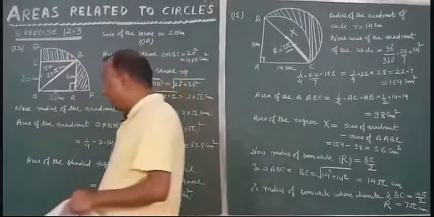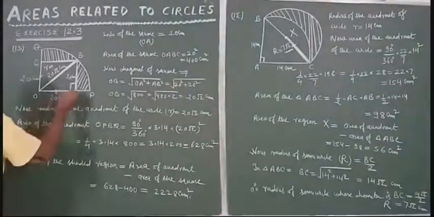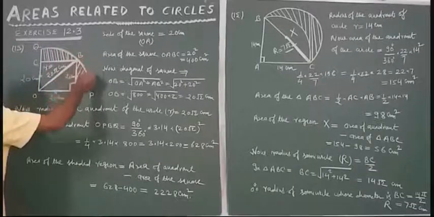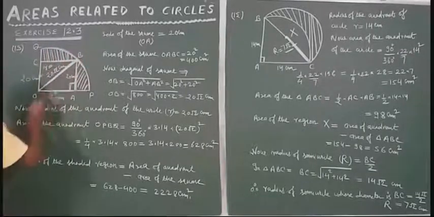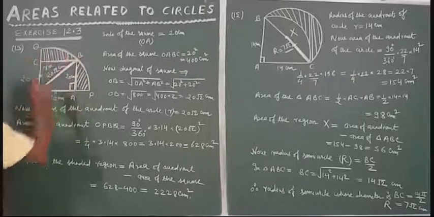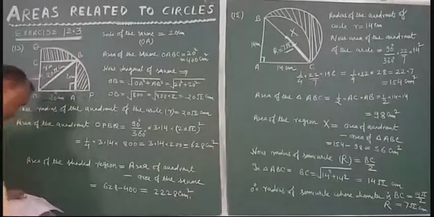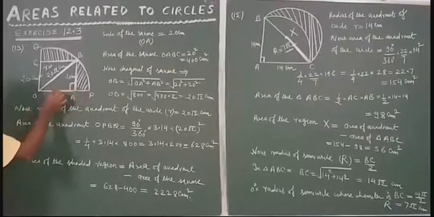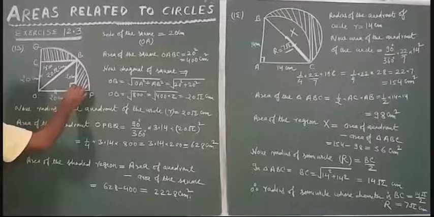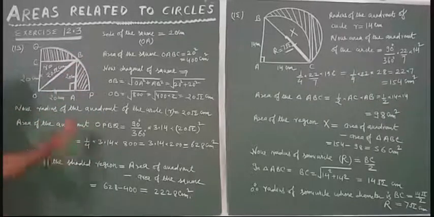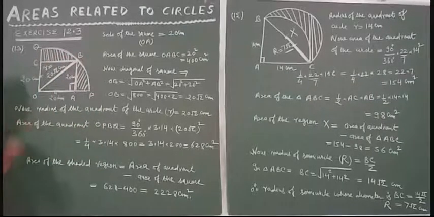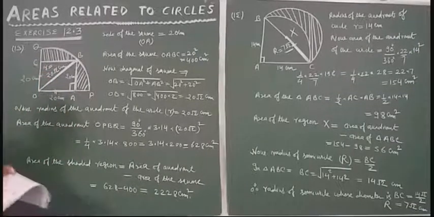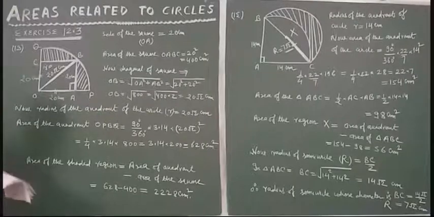This is the quadrant OPBQ. Inside it a square is inscribed, that is OABC. If OA is equal to 20 centimeter, what is the side of this square? OA is 20 centimeter. Therefore AB will also be 20 centimeter, BC will also be 20 centimeter and OC will also be 20 centimeter. Is it okay? The question is this: find the area of the shaded region.